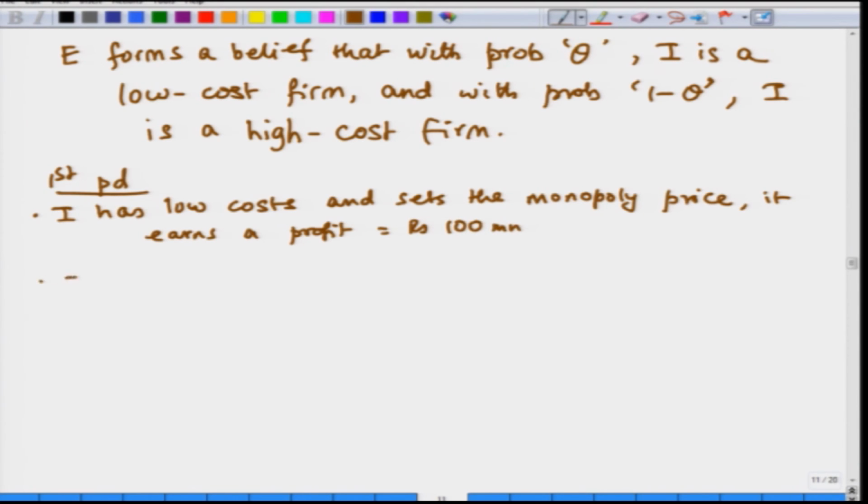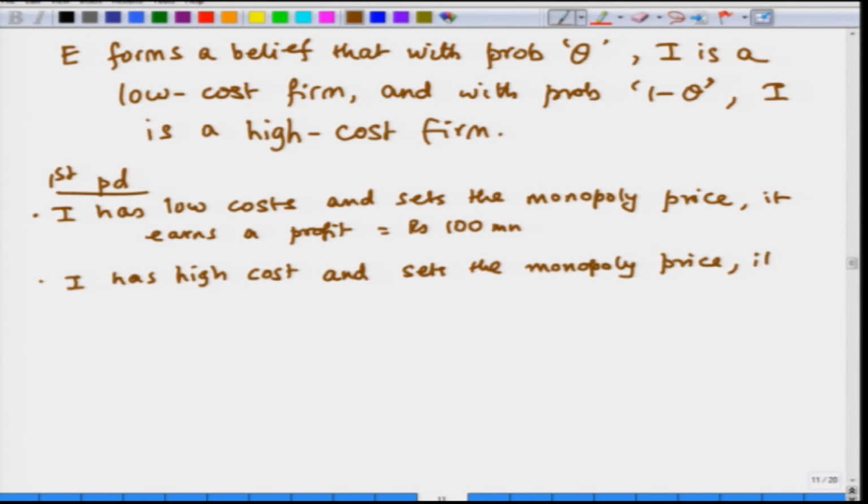On the other hand, if I has high cost and sets the monopoly price corresponding to the high cost firm, it earns a profit of, let us say, rupees 60 million, right.